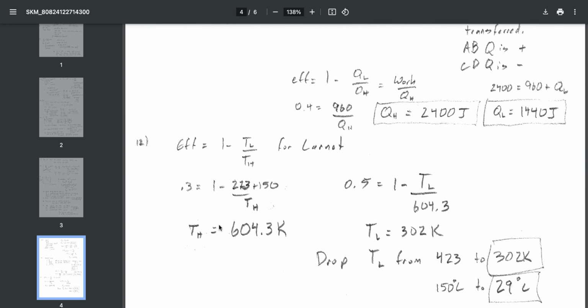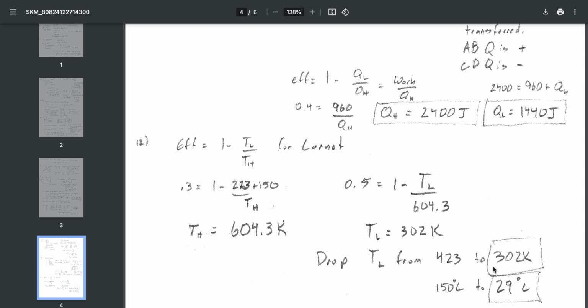Well, you've got to find the temperature of the hot reservoir because you can't change that. So I solved with the 0.3 efficiency. And if we're at 150 degrees Celsius, please don't forget all of these are dependent upon using Kelvin, an absolute temperature scale. So our hot reservoir is at 604. If we want to change this so that it's now 50% efficient using the exact same hot reservoir, that means clearly we've got to drop the temperature of our cold reservoir.